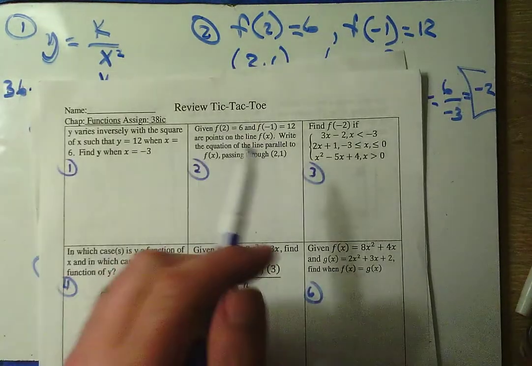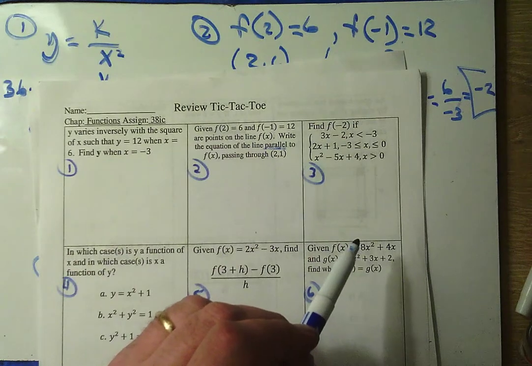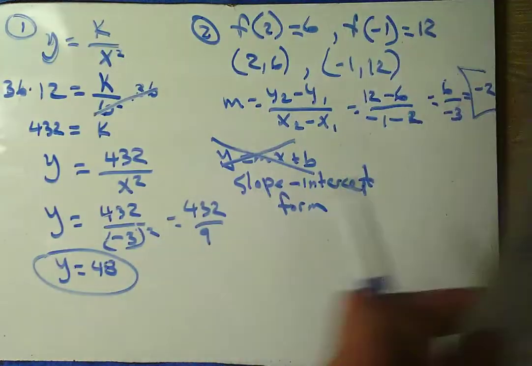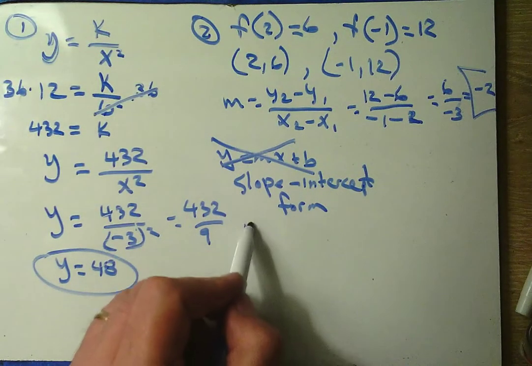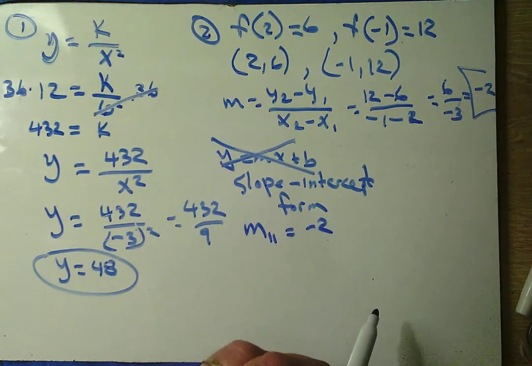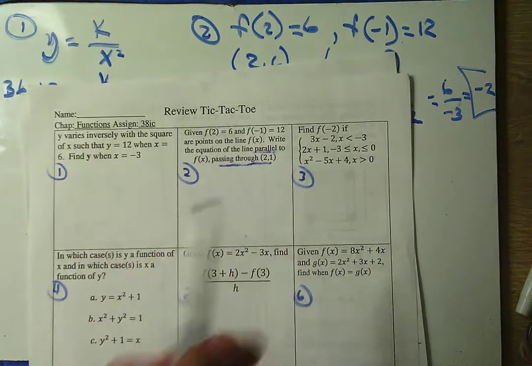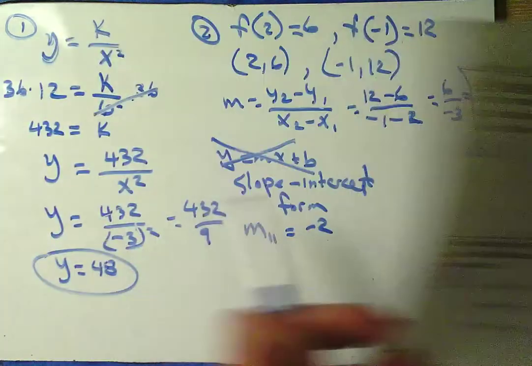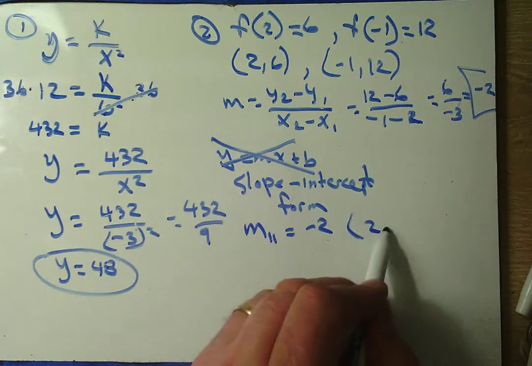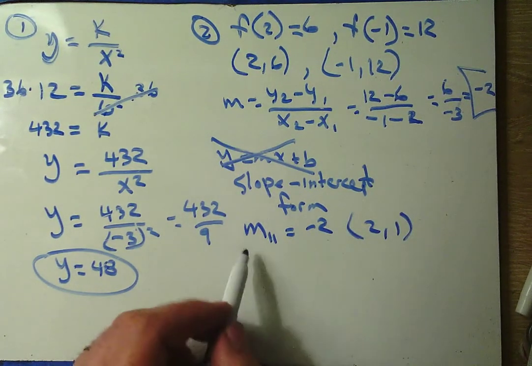What would be true about any line parallel to this line? What slope would that have? Well, we know that parallel lines have the same slope, so my parallel line would have a slope of negative 2 as well. But my parallel line is supposed to pass through 2, 1. So I'm supposed to use the ordered pair 2, 1 to write the equation of the line.